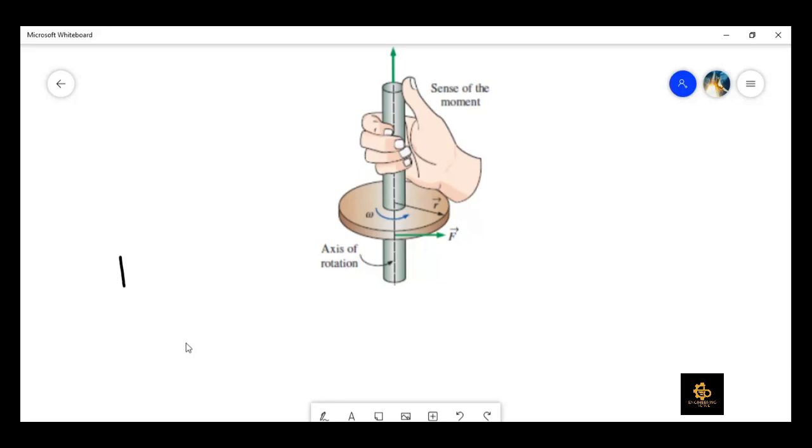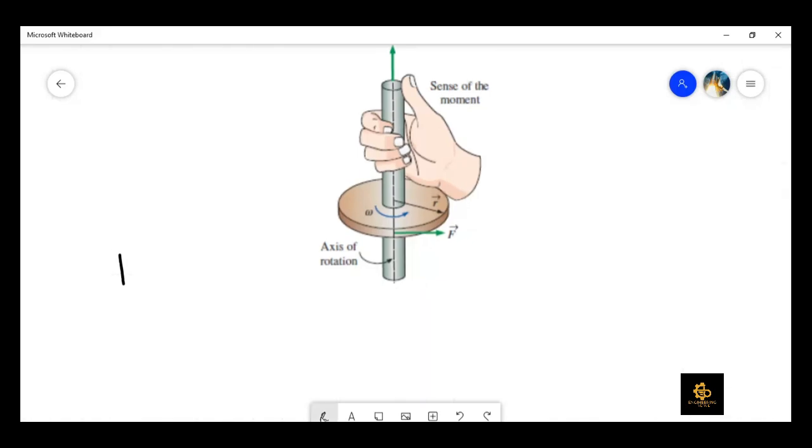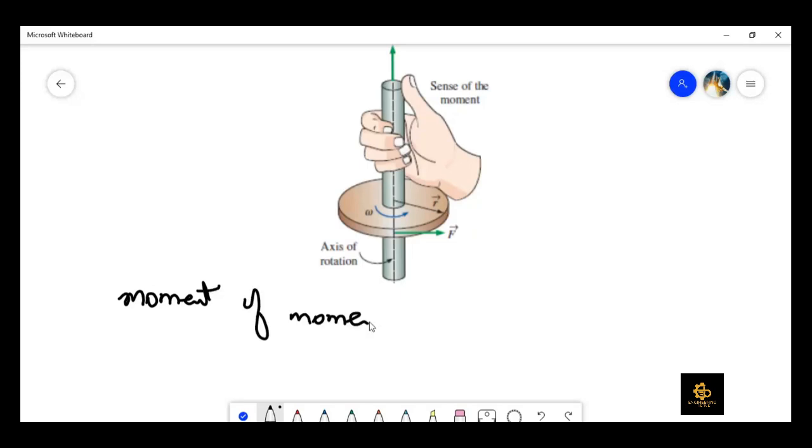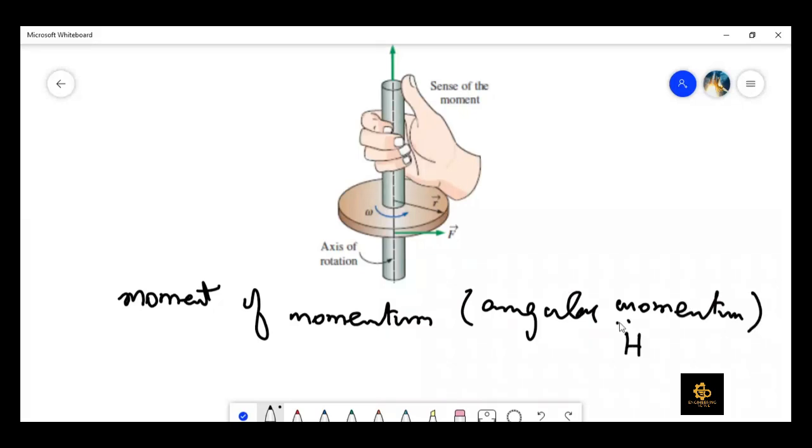So now if we want to give the moment of momentum, which we also call angular momentum, it is represented with the symbol h.